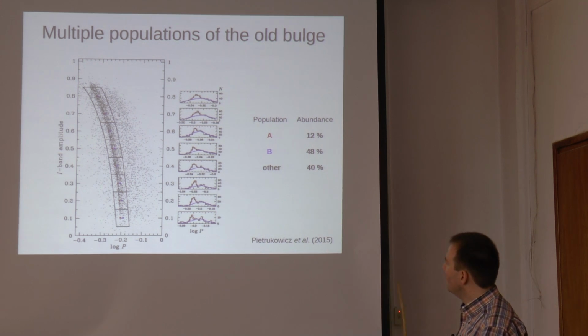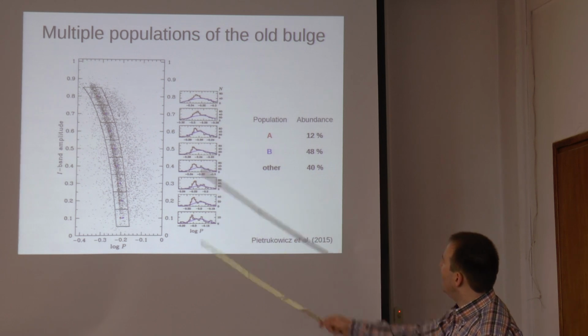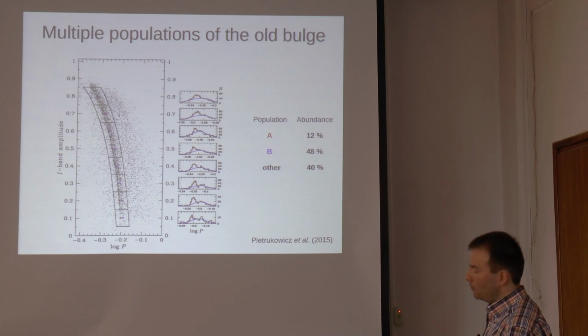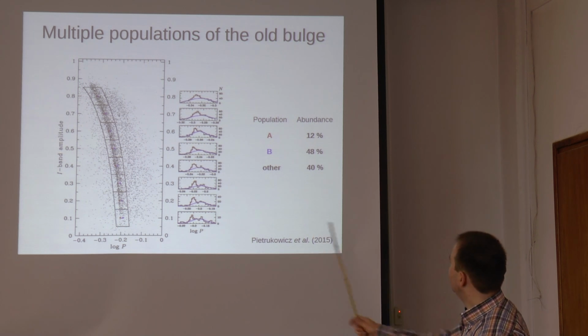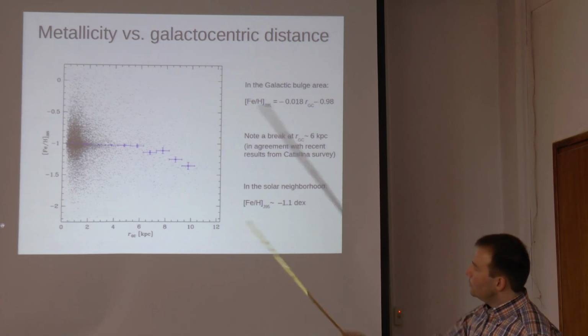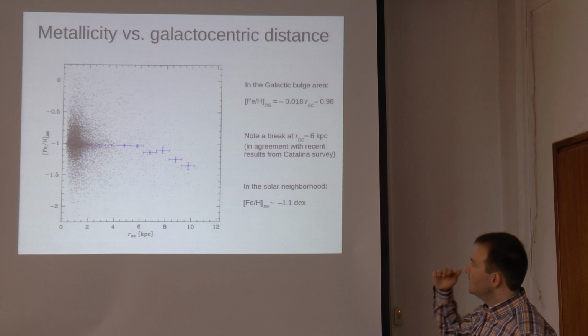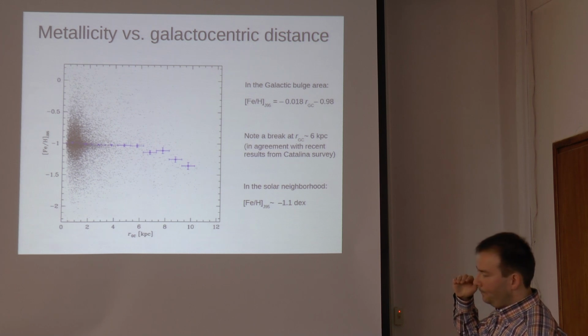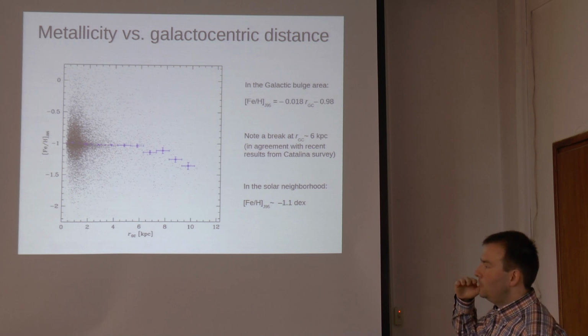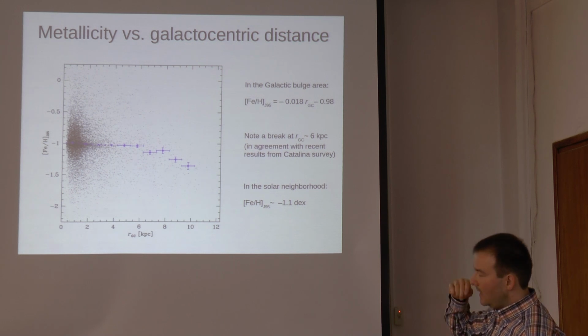Well, this was a more quantitative way of estimating, let's say, the abundance of the two populations named A, B. And then we can measure from these stars metallicity, so we can see how the amount of metals changes radially from the galactic center.